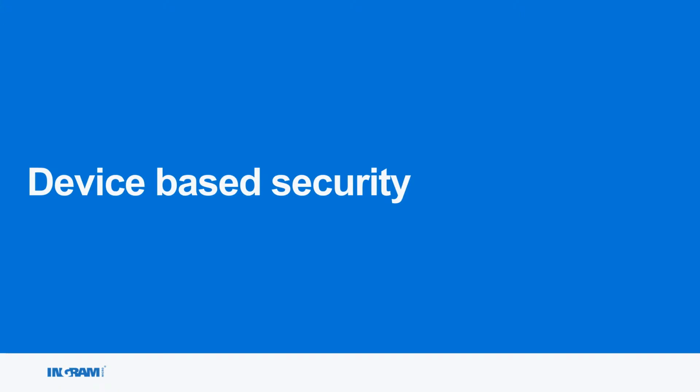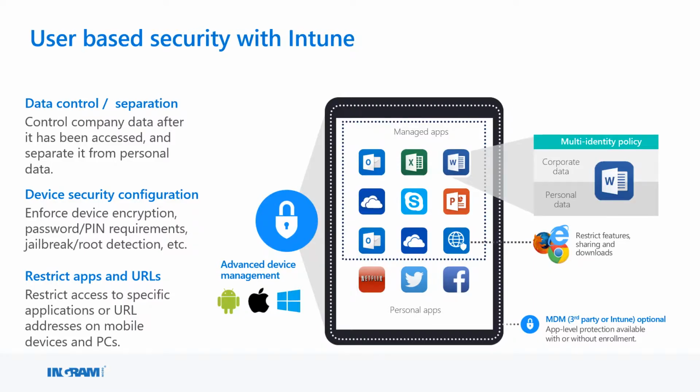Next, we're going to look at device-based security with Intune. Intune enables device management through 3 key areas: data control, device security configuration, and restriction of applications and URLs. Data control enables separation of corporate data from personal data, allowing just corporate data to be removed from a device if necessary, or for example, a user using their own phone leaves the organization.